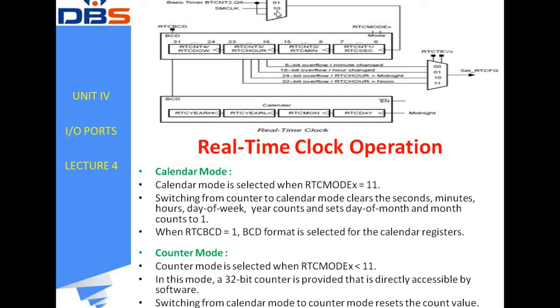Okay, coming to the counter mode here, the modes less than 11, that is all the remaining 3 modes, will act as a counter mode, and it is a 32-bit counter which can be directly accessed by the software. Switching from calendar mode to counter mode resets the count value.